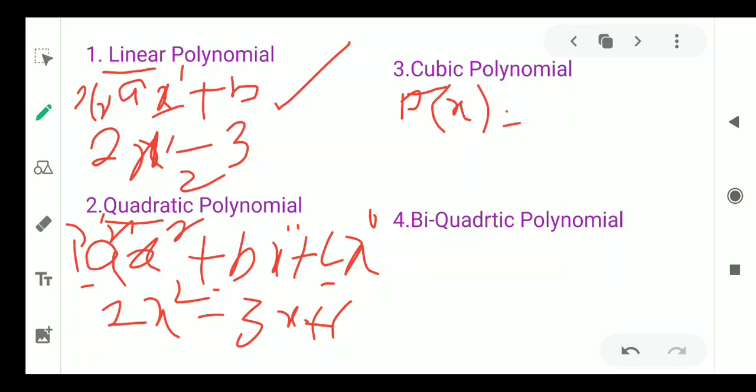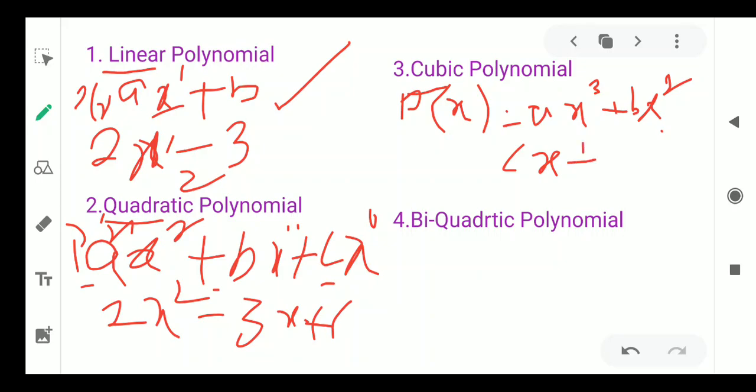P of x is equal to ax cube plus bx square. See here, the order of exponents is decreasing. After ax cube comes bx square, then you reduce one power, so cx.